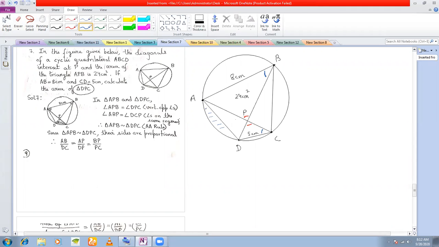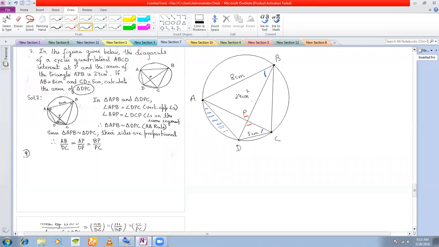That day, in order to make you understand, I had shaded this part. This is the minor segment made by this chord AD. And if you see the major segment, both these blue angles are on the chord AD in the major segment. Therefore they must be equal, because they are angles in the same segment.